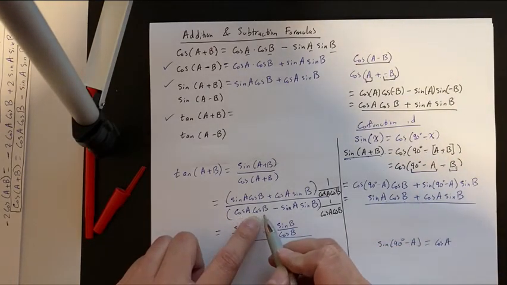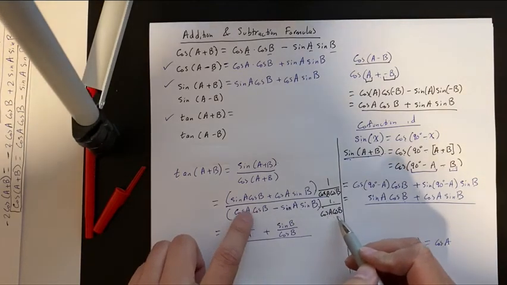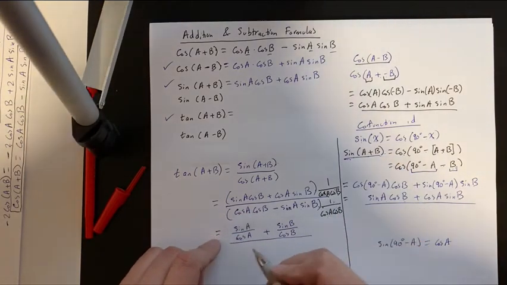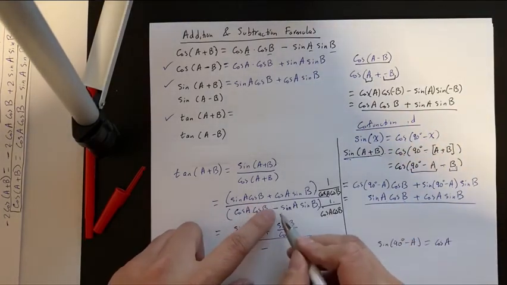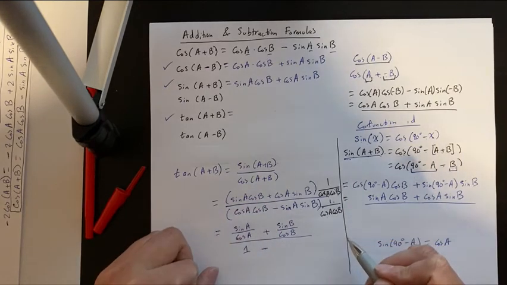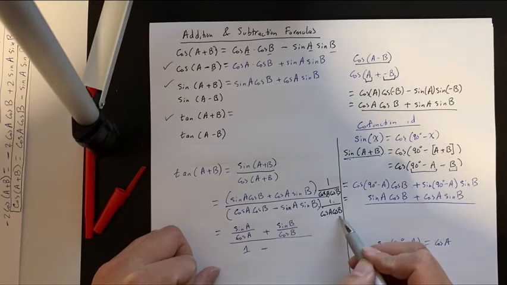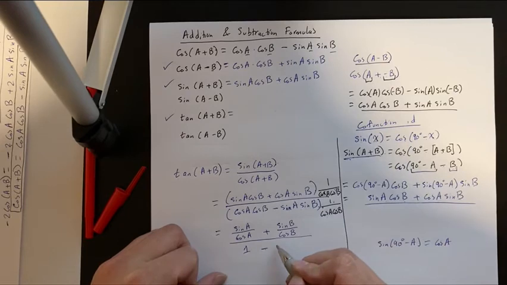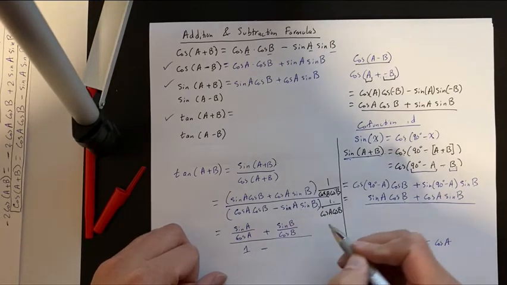Cosine A, cosine B, multiply with 1 over cosine A, cosine B. Well, that's the same thing. So they would all cancel each other out, leaving just a 1, right? Minus, what will cancel out? Is there a sine A down here? No. Is there a sine B down here? No. They have nothing in common. They have everything sine on top, everything cosine on the bottom.